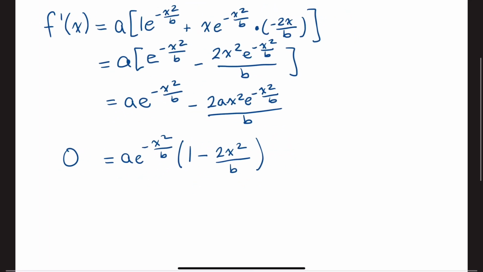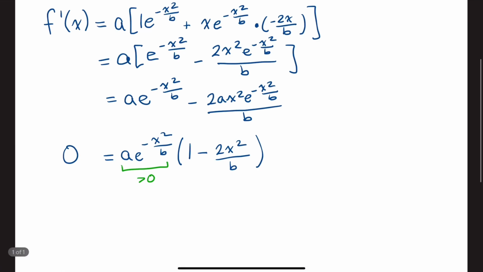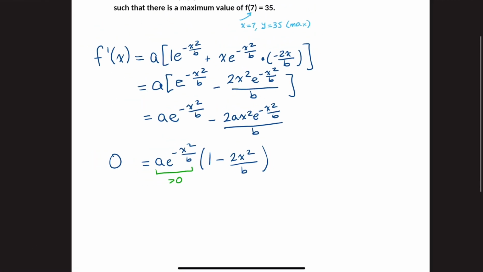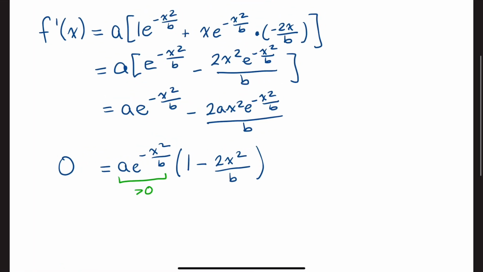Now, what are we actually going to solve for here? Well, this function right here, this is always greater than 0 because of this e to the negative x squared over b. If you graph this on Desmos, it is always above the x-axis. It will never be below 0, nor will it touch 0. So all we're going to do is just set 0 equal to this function right here. And then we can solve for b, because we know the value of x already, which is 7.